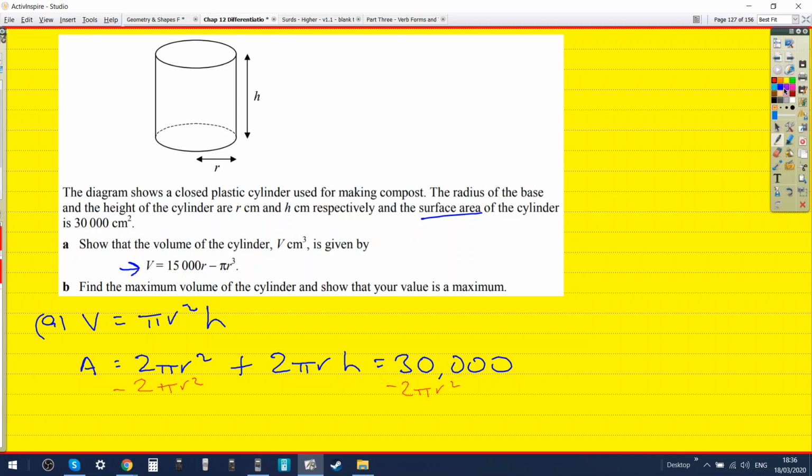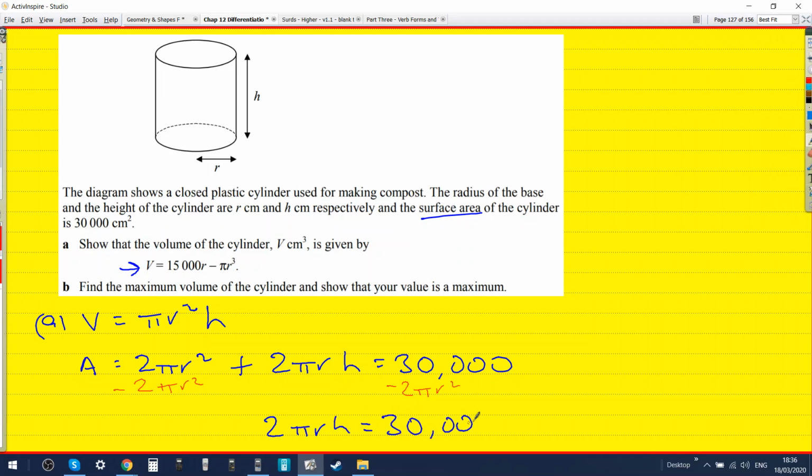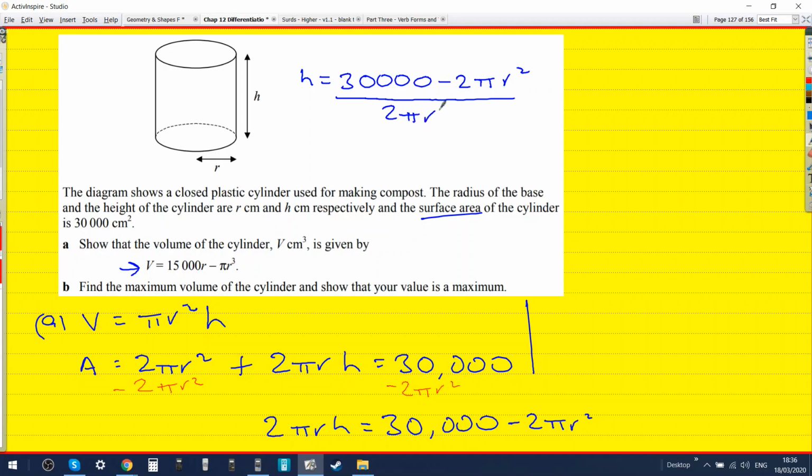So 2 pi r h equals 30,000 minus 2 pi r squared. And then divide both sides by 2 pi r. So you get h equals 30,000 minus r... No, you don't get too clever. 30,000 minus 2 pi r squared all over 2 pi r.